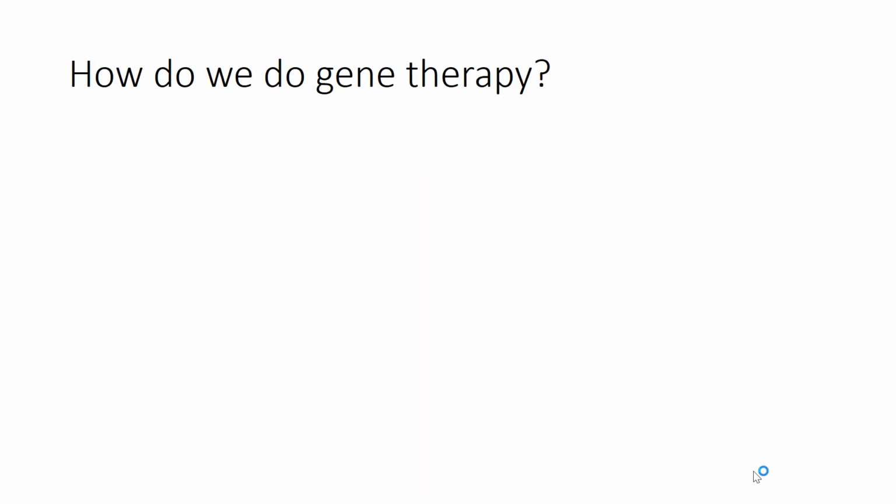The next question: how do we actually do gene therapy? And so there are three strategies, or three categories. Strategies is probably a good term of gene therapy. The first one is gene augmentation. This is often used in genetic conditions that have a recessive inheritance. So you have somebody that's a double recessive. They are expressing whatever that phenotype is.